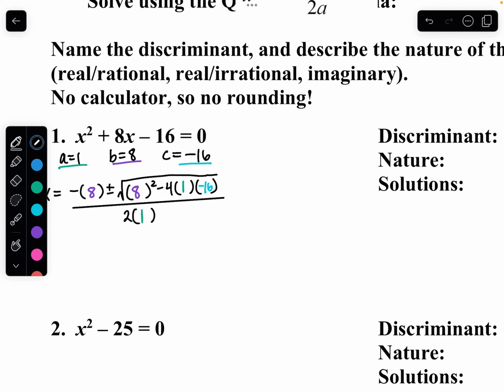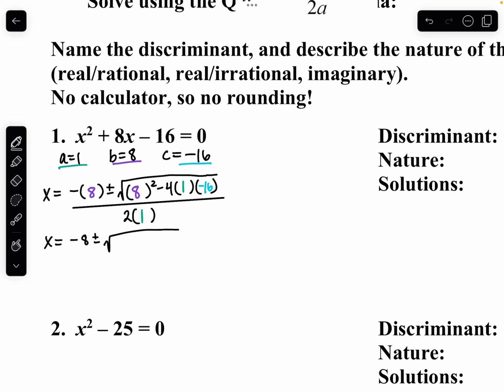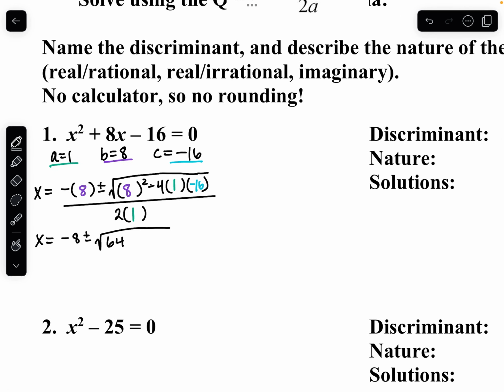Okay, and so now we're ready to just number crunch this. And so -8 plus or minus square root, 8 squared is 64. -4 times -16 is positive 64. And then 2 times 1 is just 2.